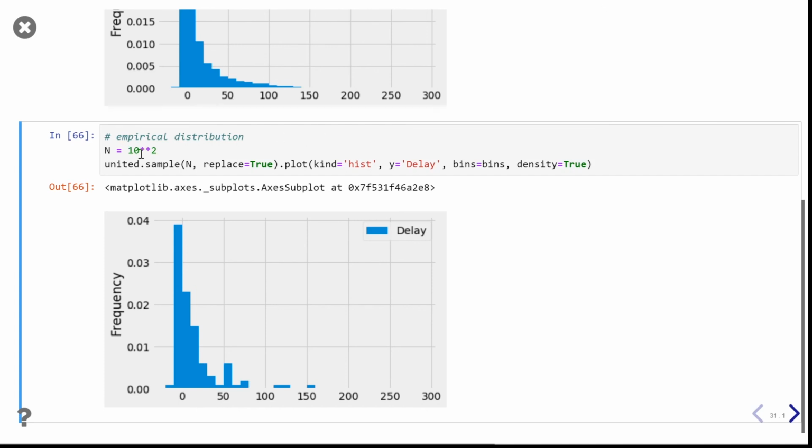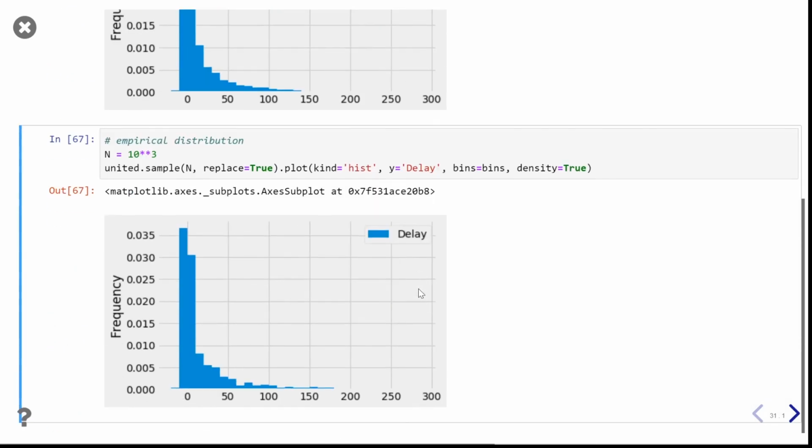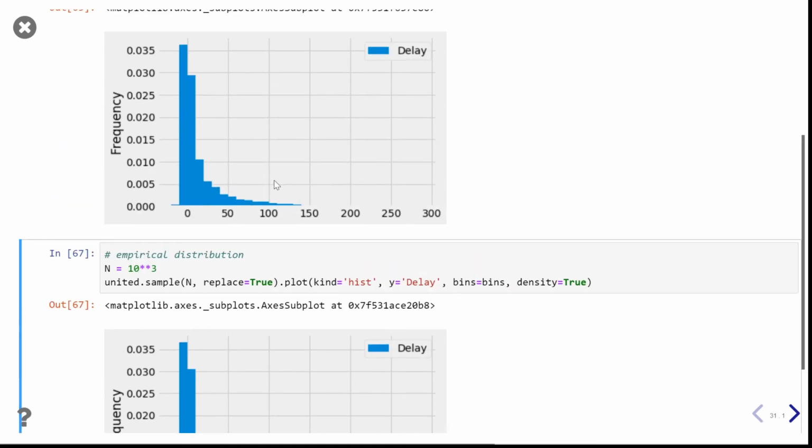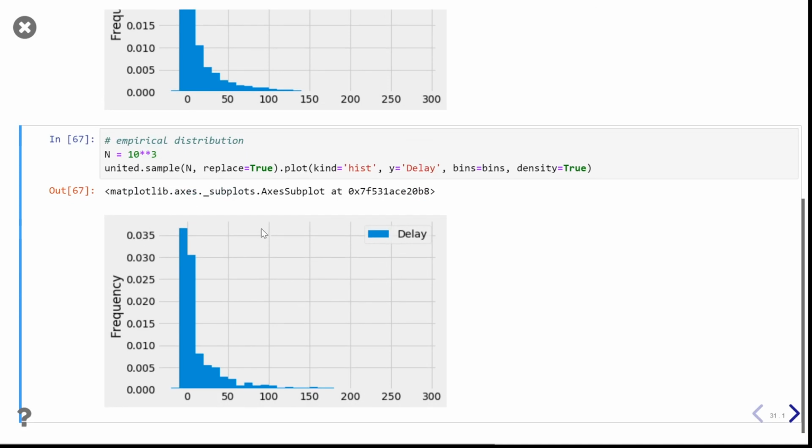So as I crank up the size of my sample, here going from 100 flights in my sample to 1,000, what I'll see is that my empirical distribution starts to look a lot more like the population distribution.